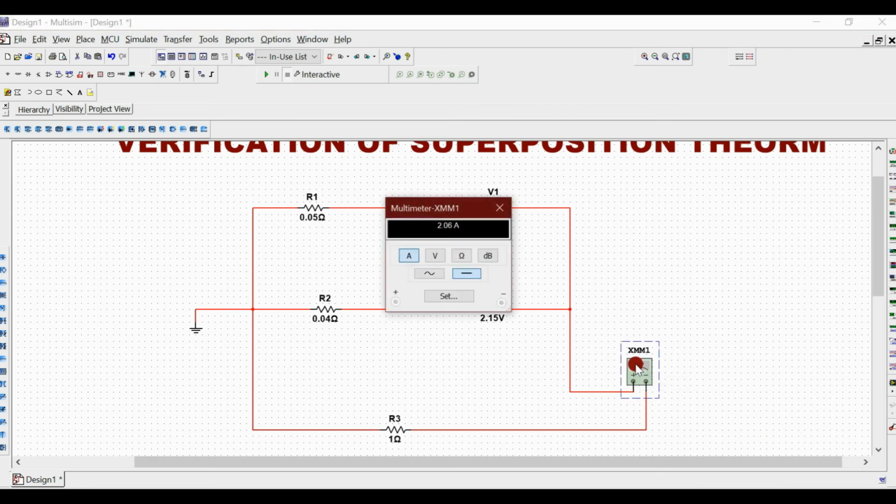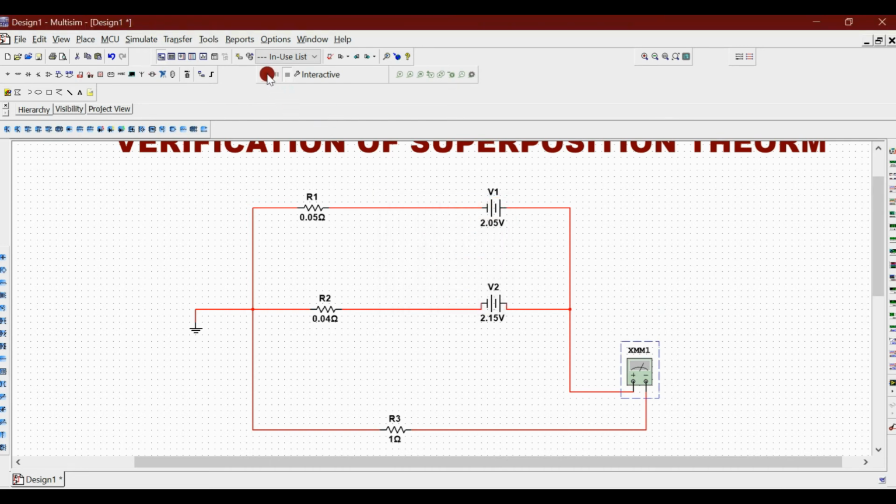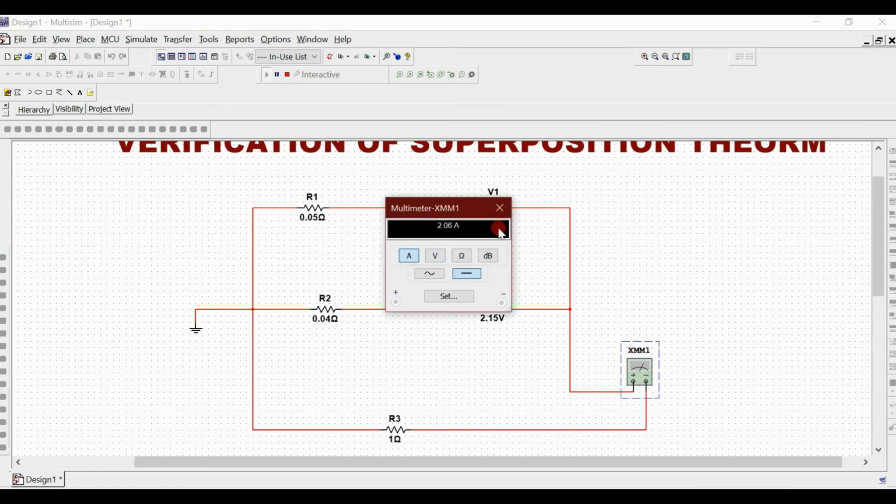It shows the reading 2.06 ampere. When you run the simulation from here, it tells the total current 2.06 ampere.